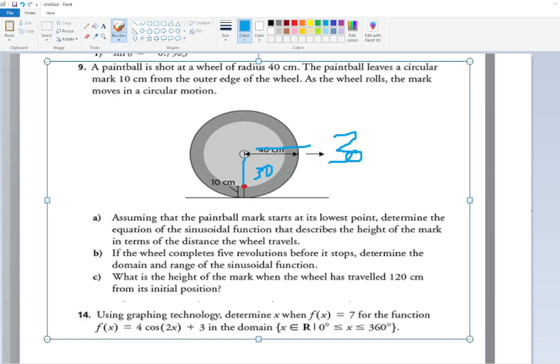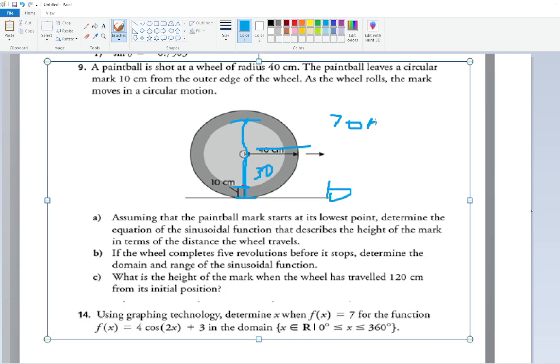But we can use the lowest part. So here at 10, it's 10 centimeters off the ground, right? And then when I go all the way up here, it's the full 40 to the center plus another 30. The max value is 70. How did I figure that out? Well, from the ground to the center of this wheel is 40, and to this gray area is 30 more, 70.